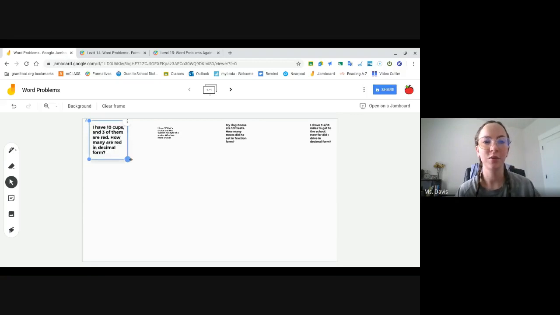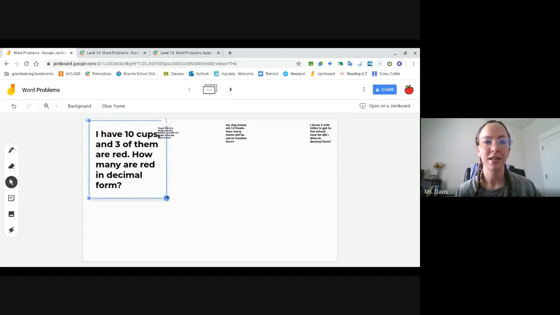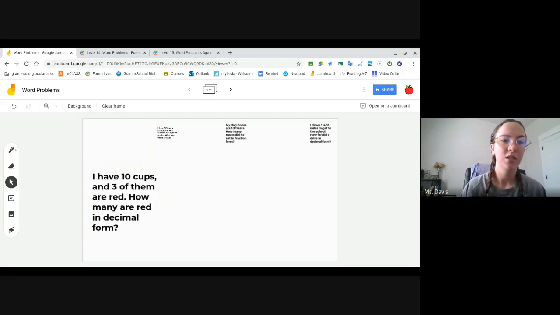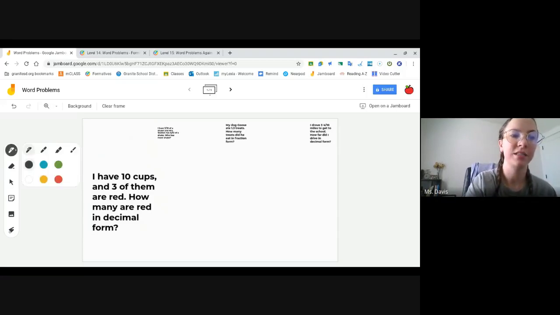Okay, so the first one I'm going to do says, I have 10 cups and 3 of them are red. How many are red in decimal form? So I know that I have 10 cups total, which tells me that I need to use tenths as my place value slot.